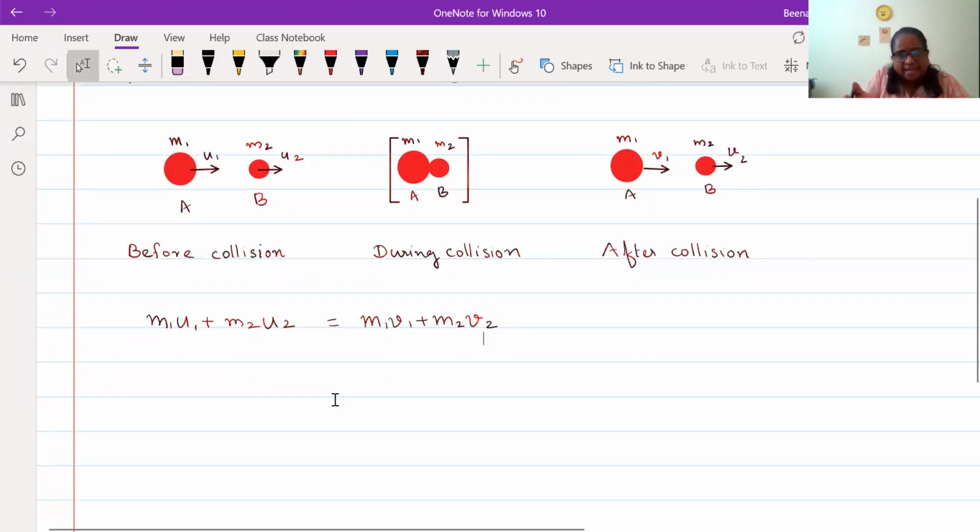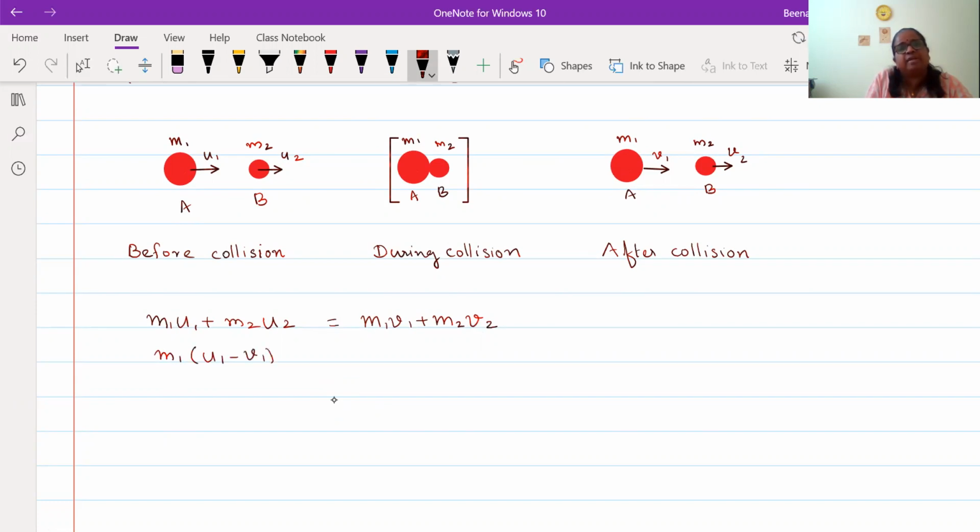This can be rearranged, taking the m1 terms to one side. So this can be written as m1 into (u1 minus v1) is equal to m2 into (v2 minus u2). If you want, you can name these equations. Let this be 1, let this be 2. And this is according to conservation of momentum.